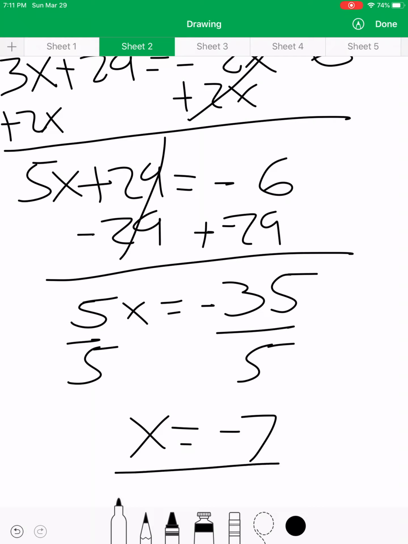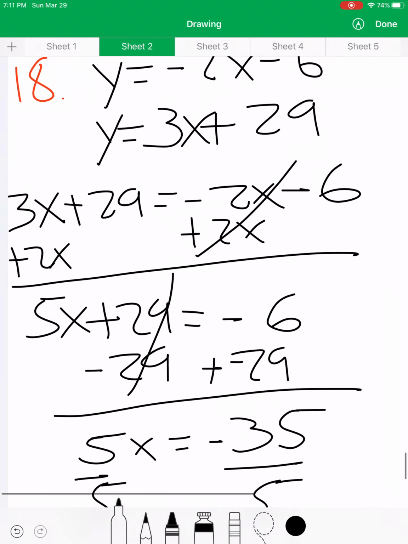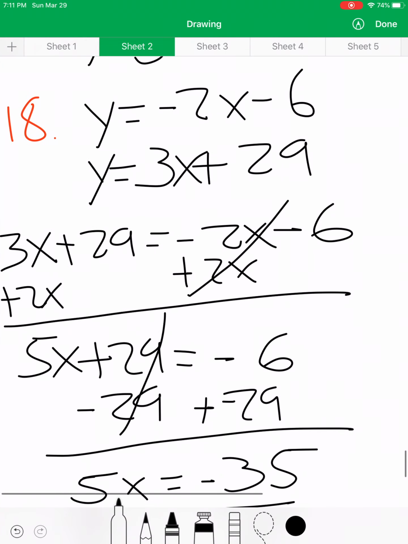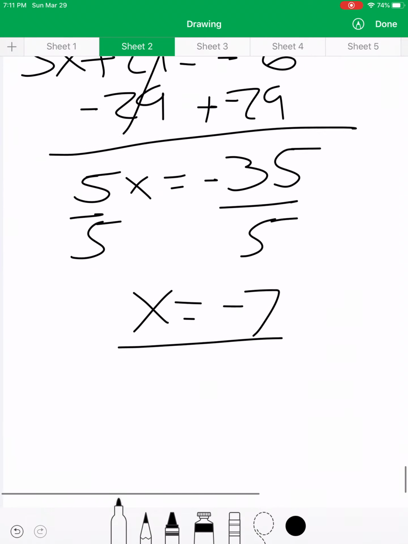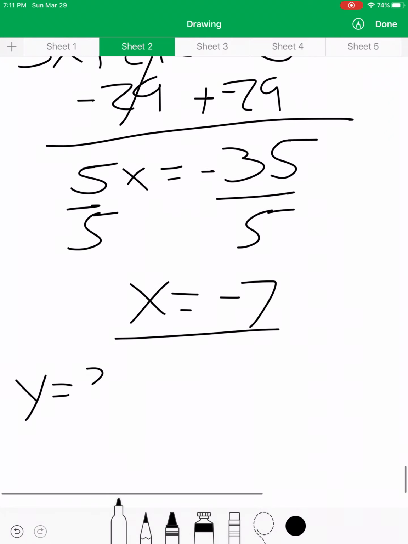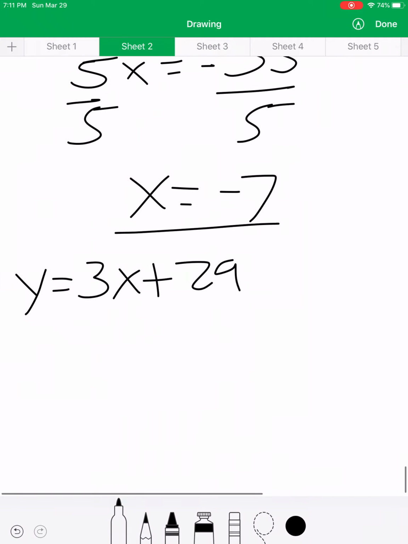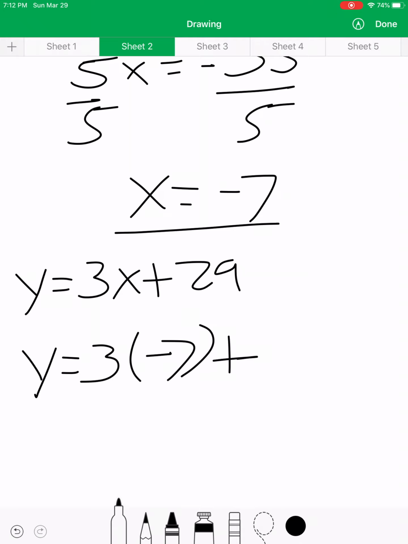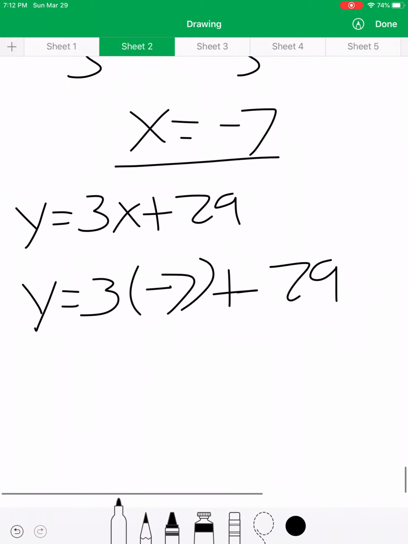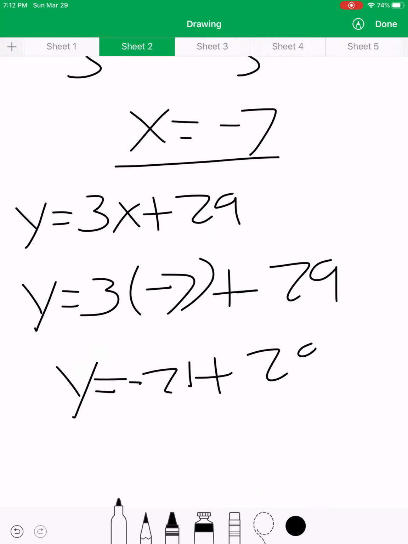So now we know what x is. We still have to solve for y. So let's go back and choose an equation. I'll choose the second one, y equals 3x plus 29. Substitute your solution in for x. So y equals 3 times negative 7 plus 29. 3 times negative 7, y equals negative 21 plus 29.